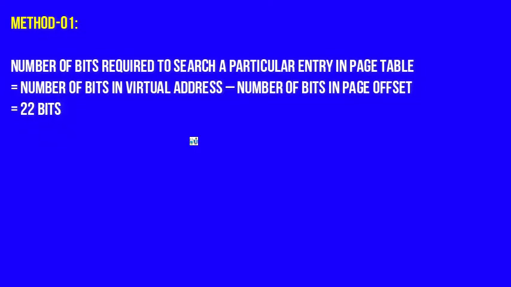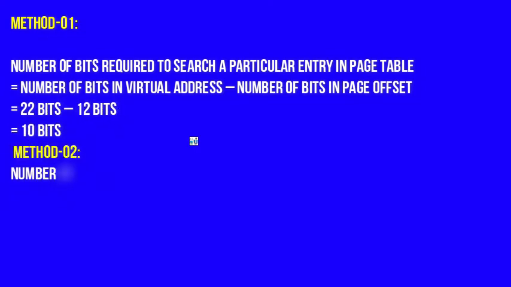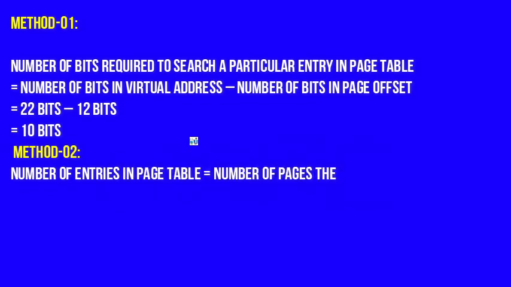We can also find the answer another way. Number of bits required to search a particular entry in the page table equals number of bits in the virtual address minus number of bits in the page offset. It means 22 bit minus 12 bit offset equals 10 bit.